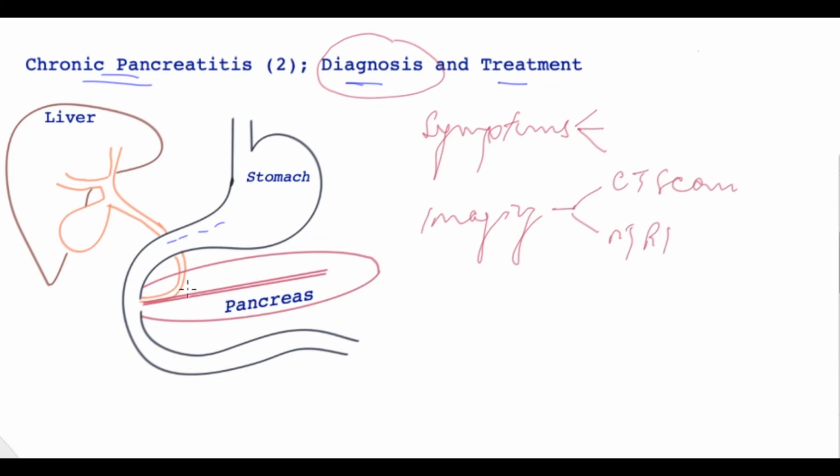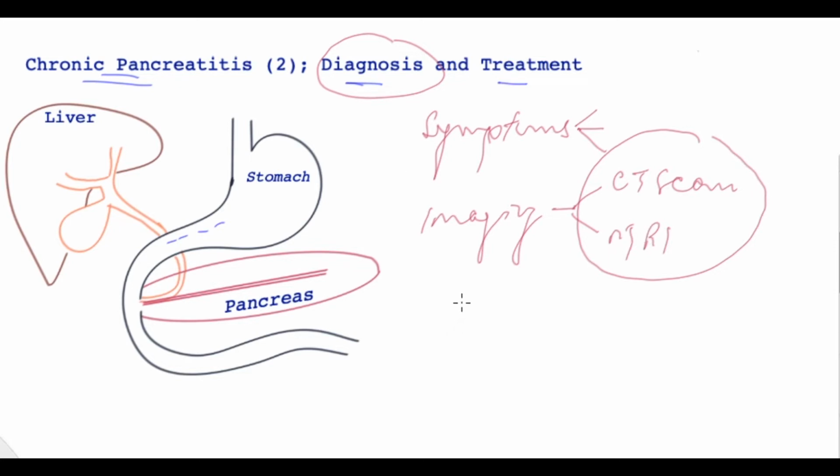The scans would also determine the integrity of the pancreas tube and whether or not there is a tumor or a cancer, or whether there is a stone in the main pancreatic tube. In the great majority of the patients, these scans usually are sufficient to diagnose chronic pancreatitis.